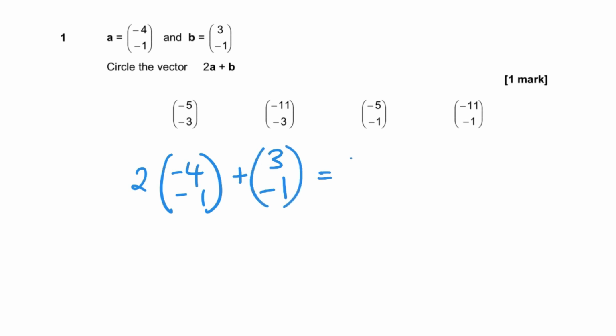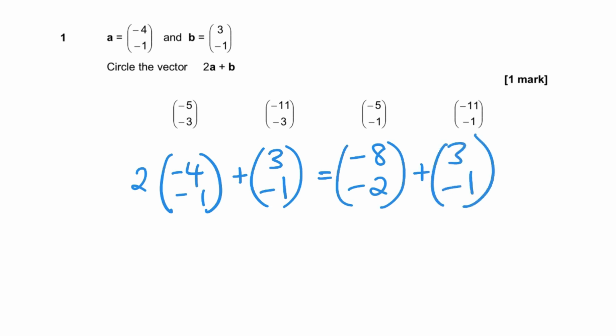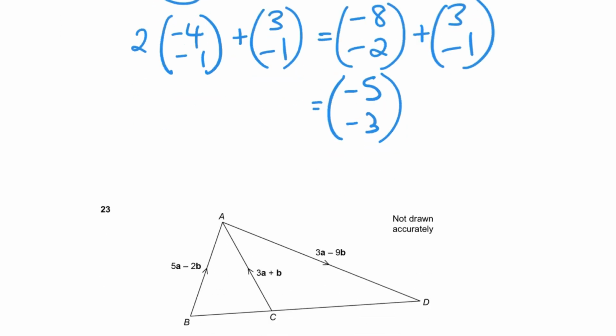So that's going to give us -8 -2 plus 3 -1. So we're just going to add across. So we've got -8 plus 3 is -5 and -2 plus -1 is -3. So our 2A plus B vector is -5 -3.